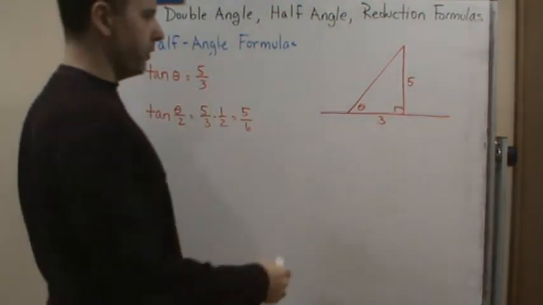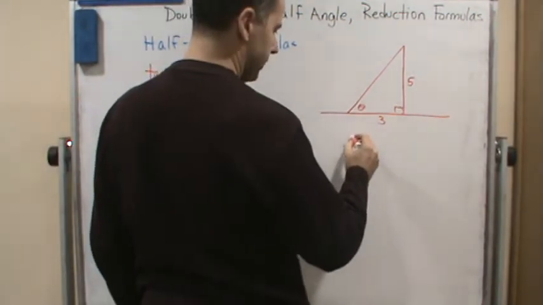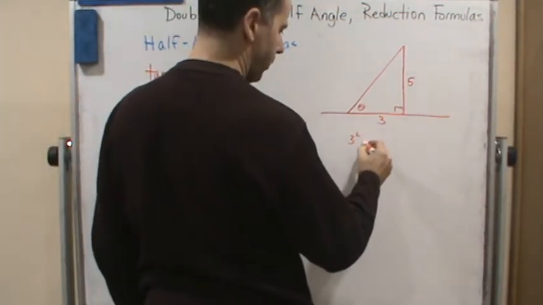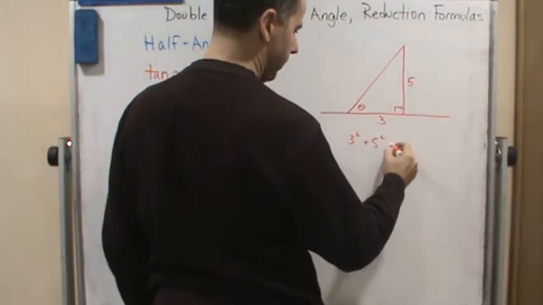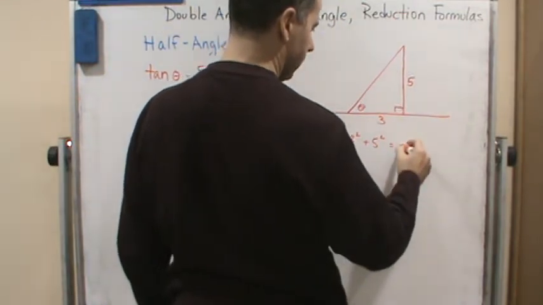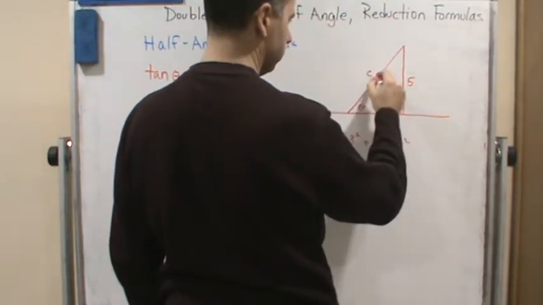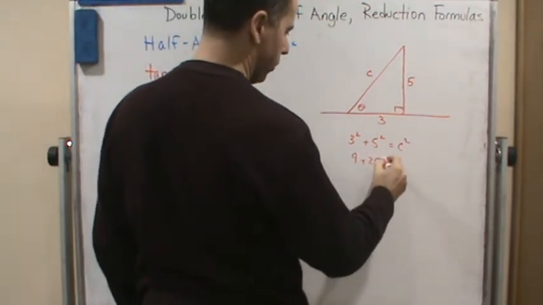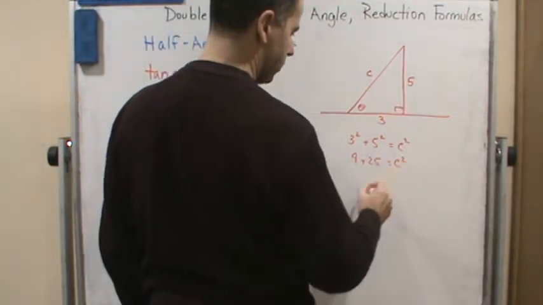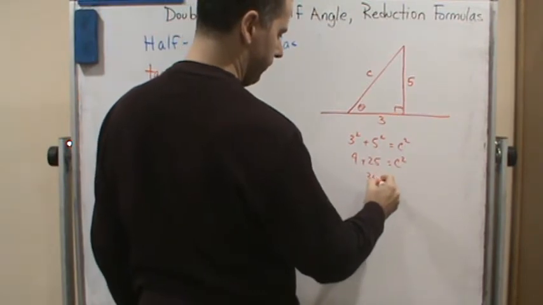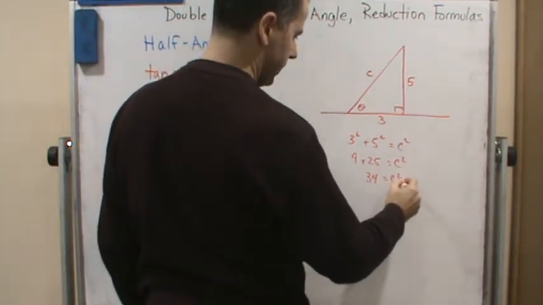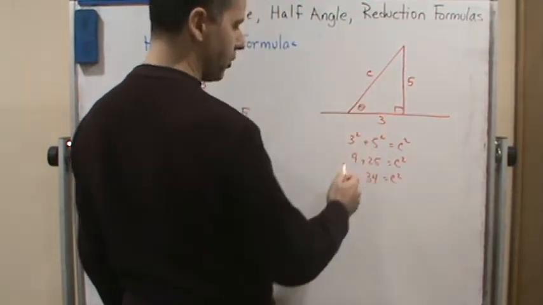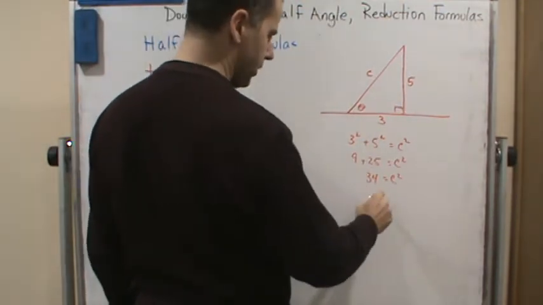So again, if you use the Pythagorean Theorem, we get 3 squared plus 5 squared equals c squared. So that means 9 plus 25 equals c squared, which means 34 equals c squared, which means, again, c is always positive because it's the hypotenuse.